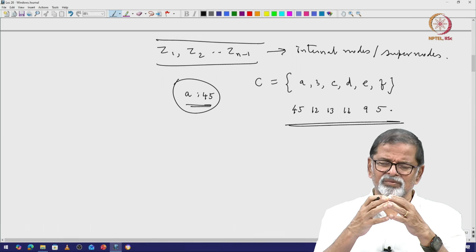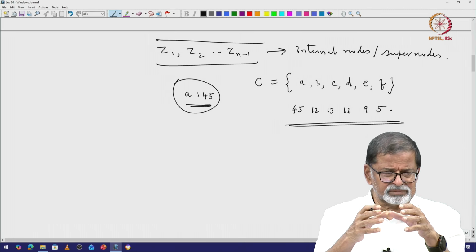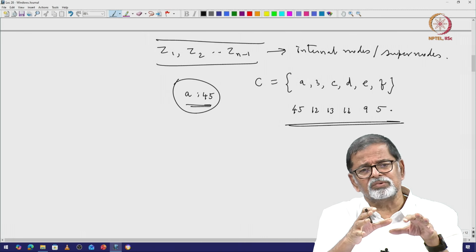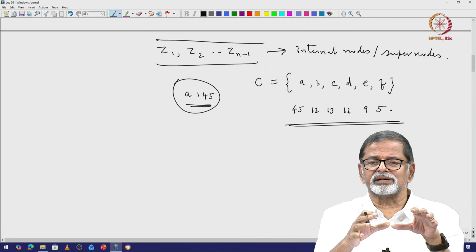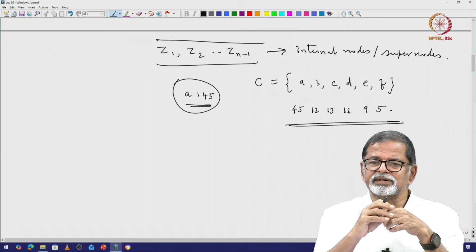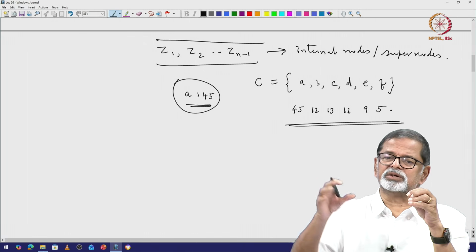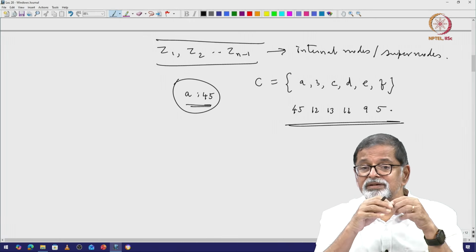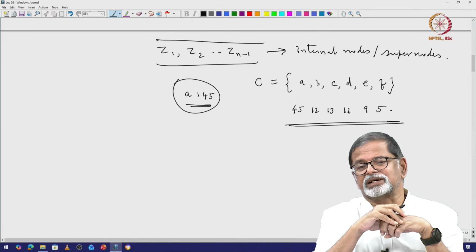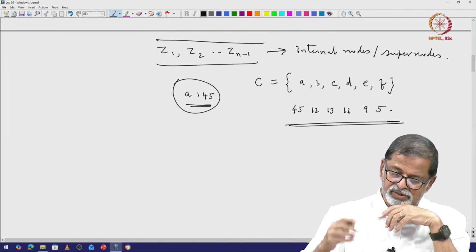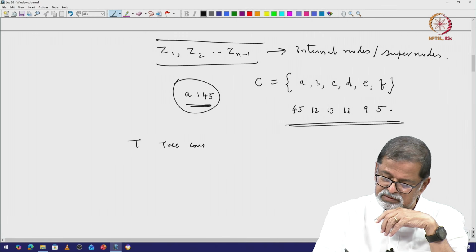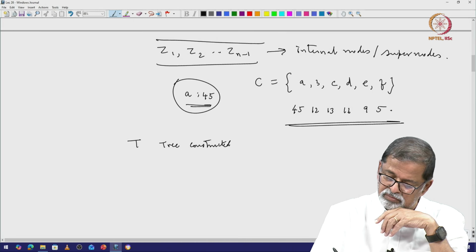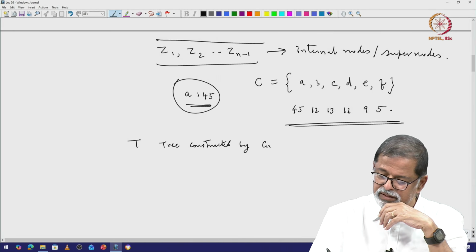Basically, what we are trying to do is a cost preserving transformation over an arbitrary optimum solution and transform it into the form of the greedy solution that is constructed by the algorithm. So let T be the tree constructed by the greedy algorithm.